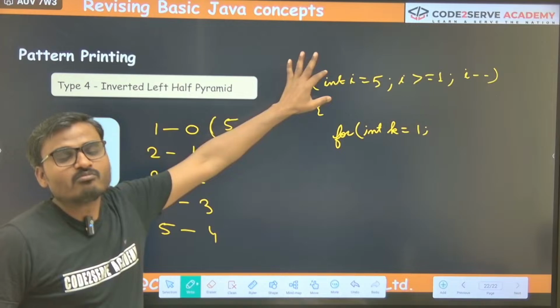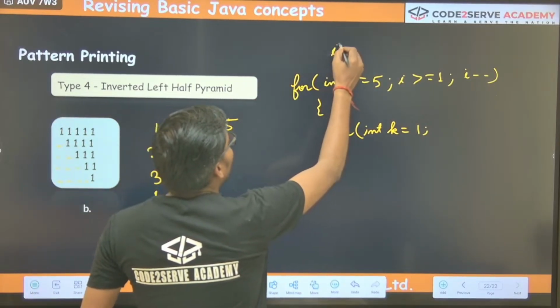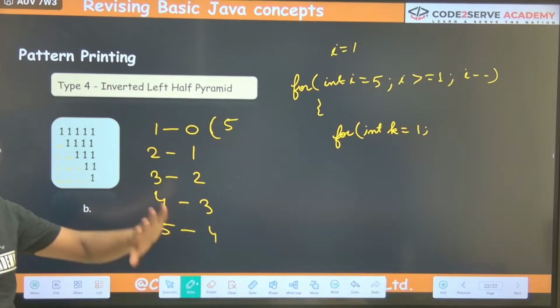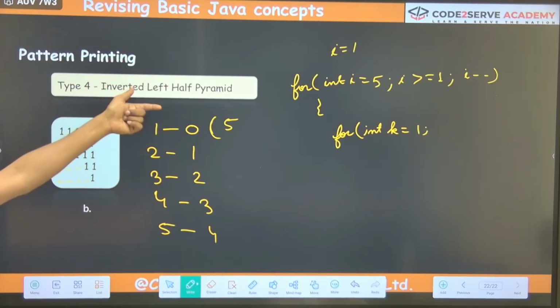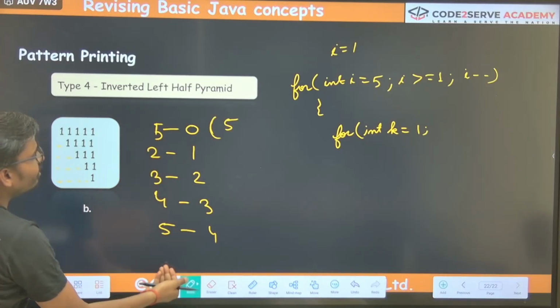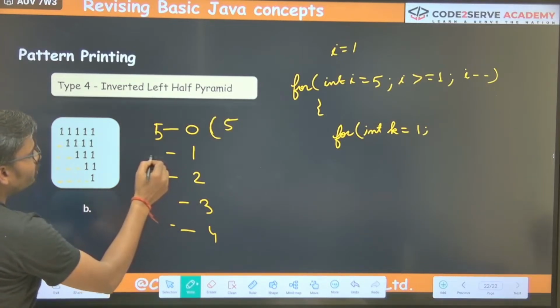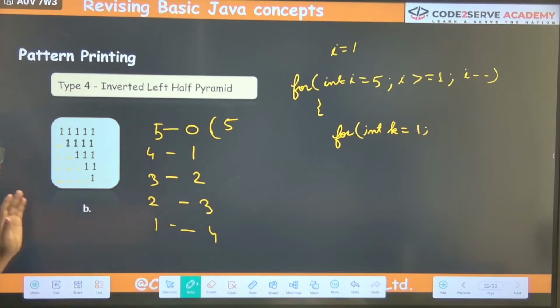We are starting from 5. I thought we were starting from 1. If we are starting from 5, that means total rows were 5, and we are subtracting the row number. We are going in reverse order. This is 5, this is 4, this is 3, this is 2, this is 1.